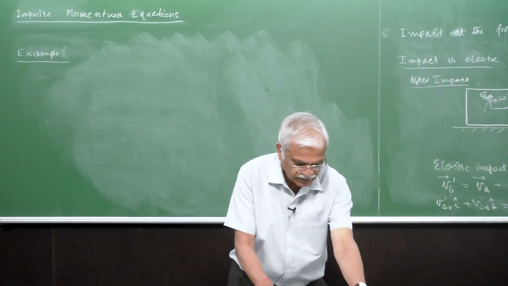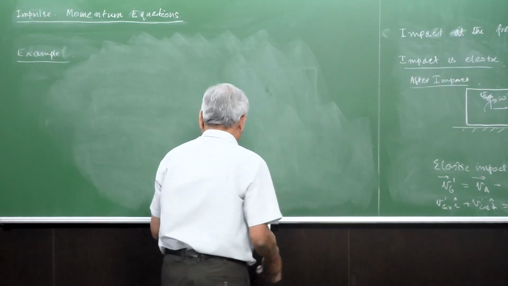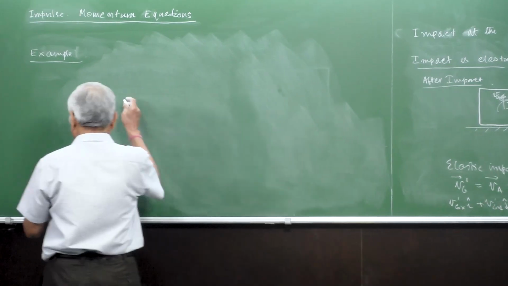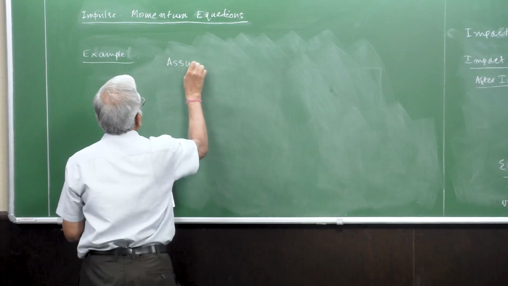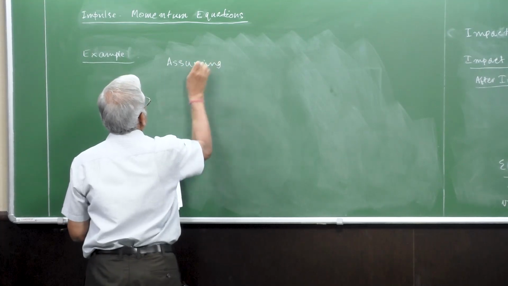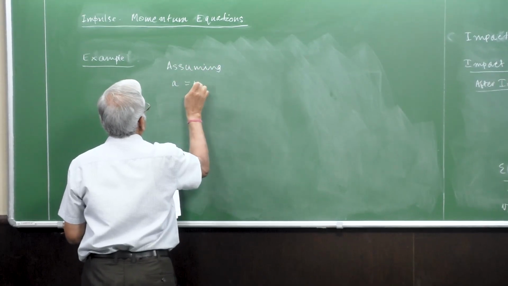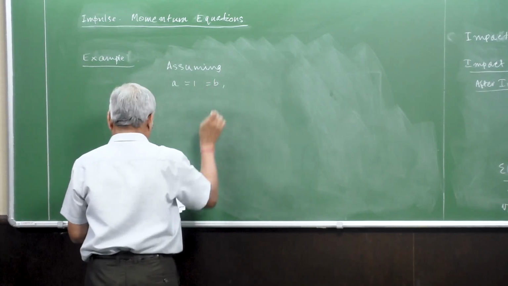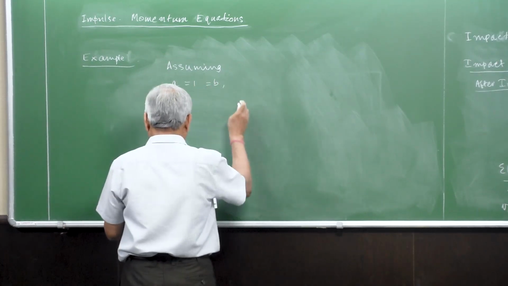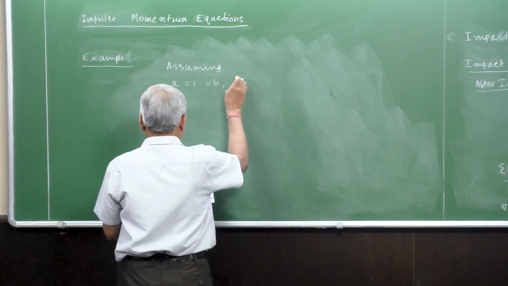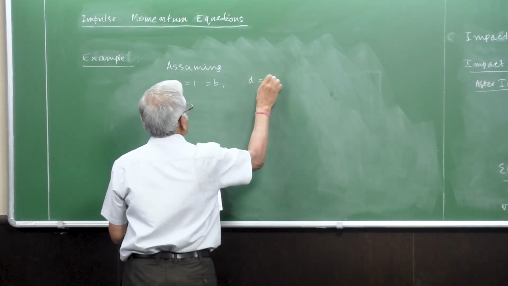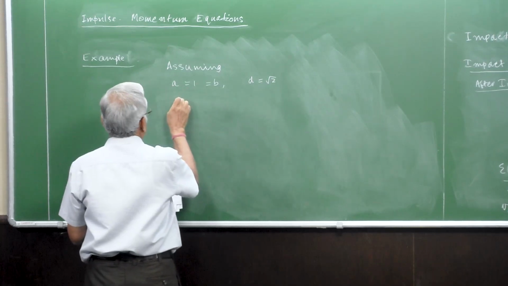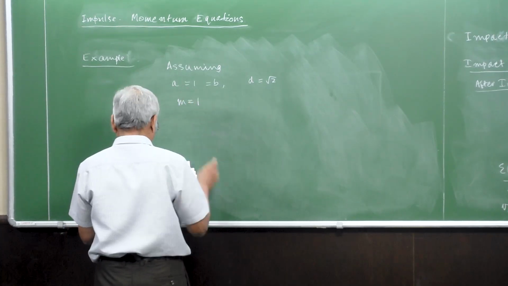So let me give the final solution for you. Let's assume the data: A is equal to 1 is equal to B, where the diagonal will become root 2 and mass is 1.